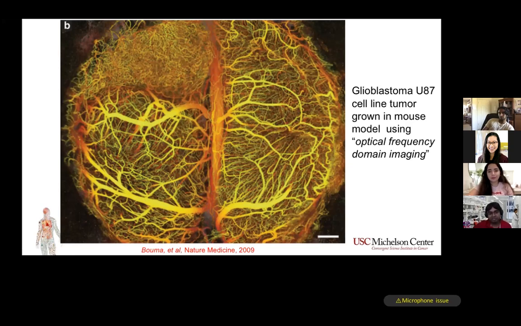So, this looks very different than this one. Why? Because here the tumor is growing and builds its own microenvironment. You don't see much microenvironment here, but that's 2009. What you see here is yellow. This is a 2 millimeter section thickness. Whatever is yellow is superficial, and the deeper part is in red.